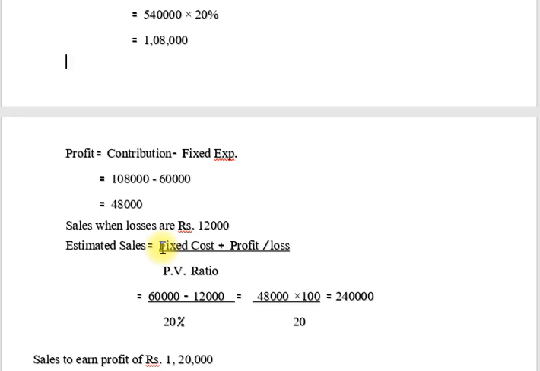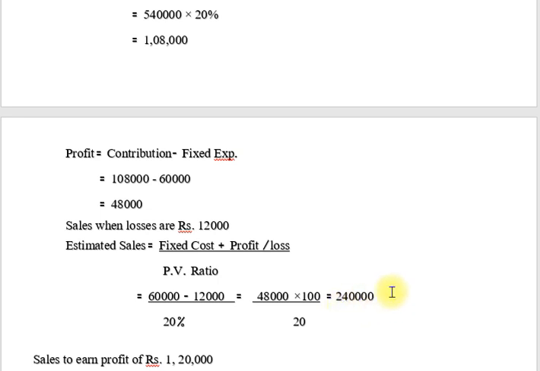Now we put the sum in our equation. Our fixed cost is 60,000, and then, since we made a loss, minus 12,000, upon 20 percentage. Now we break down the equation: 60,000 minus 12,000 is 48,000. 48,000 multiply 100 upon 20. The answer is 2 lakh 40,000.